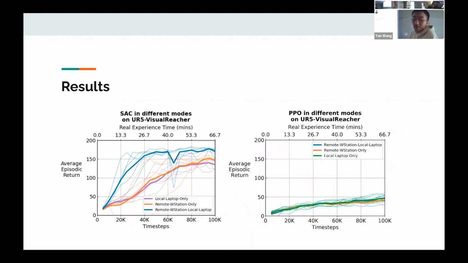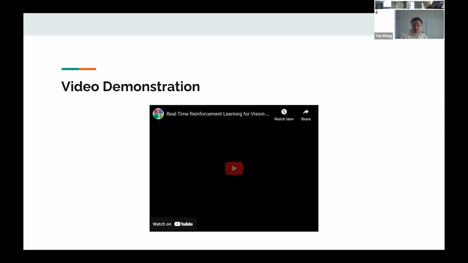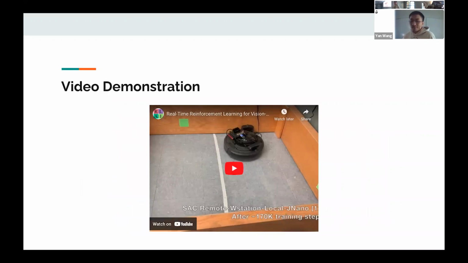The two figures indicate that SAC substantially outperformed PPO on complex robotic tasks. All distribution modes of SAC attained more than twice the return attained by PPO in a shorter time frame. Compare here and here. So this video demonstrates the learned policy of SAC on the Create reacher.